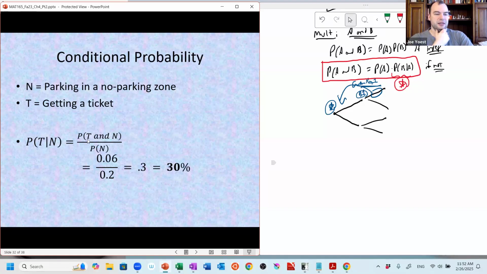What's the probability that I park in a no parking zone and get a ticket? That was 6%, so that's 0.06. What's the probability I park in a no parking zone in general, whether or not I got a ticket? That's 20%, 0.2. 0.06 over 0.2 is 0.3 or 30%.